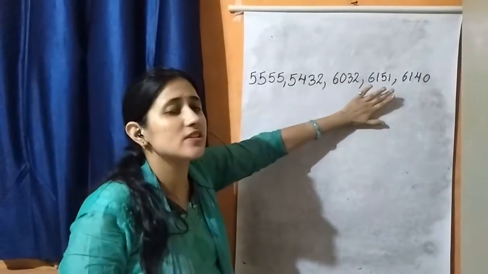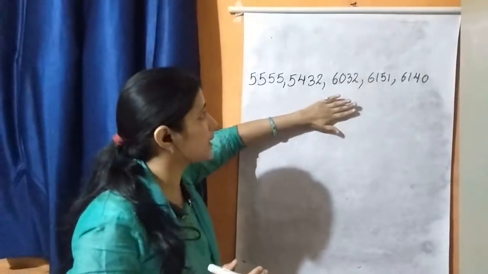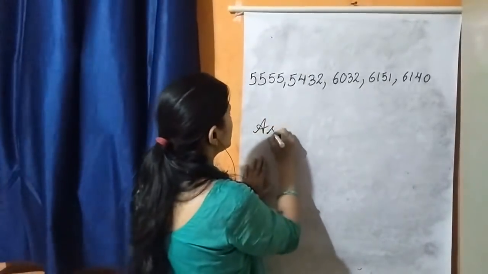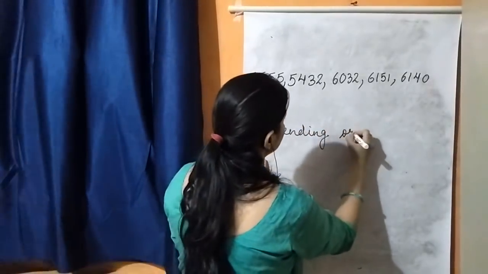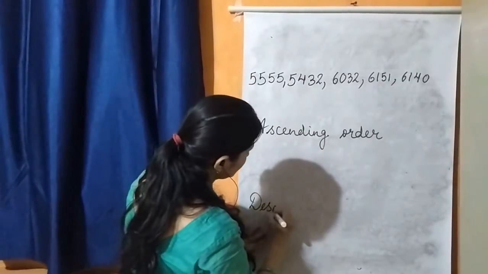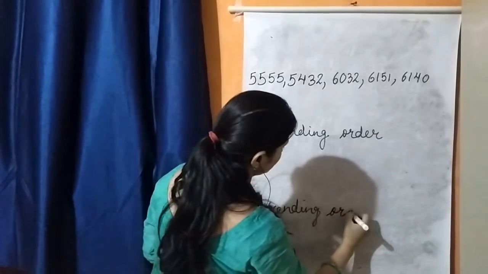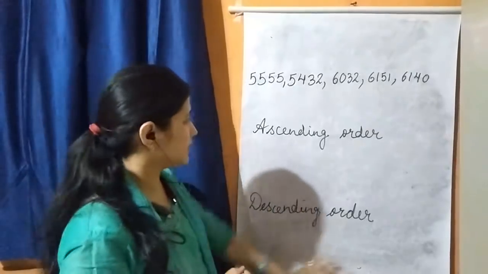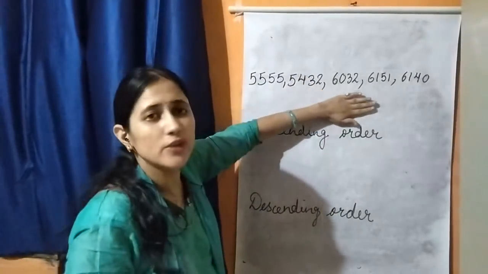There are 5 numbers with 4 digits. We will compare them and then arrange them in ascending order, and then we will arrange them in descending order. Now let's compare these numbers. They all are 4-digit numbers.